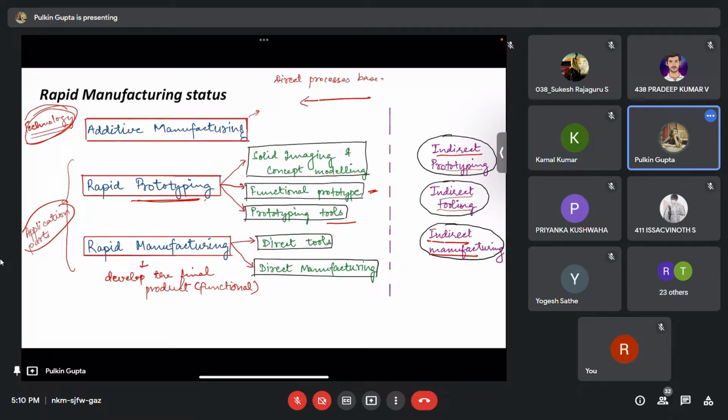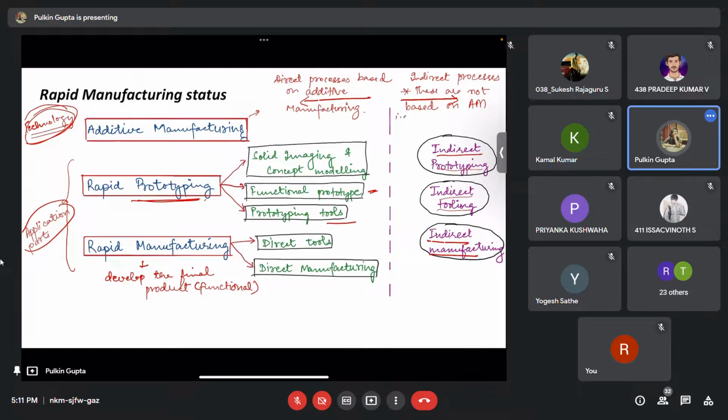based on additive manufacturing. But towards the right, these are indirect processes. And to make a note, these are not based on additive manufacturing.